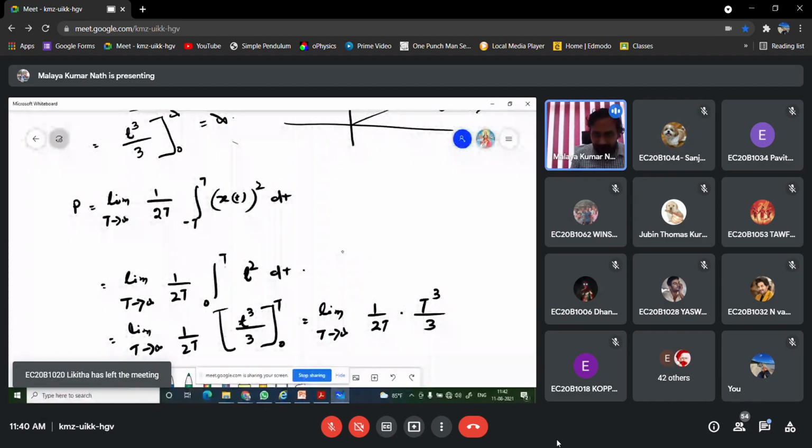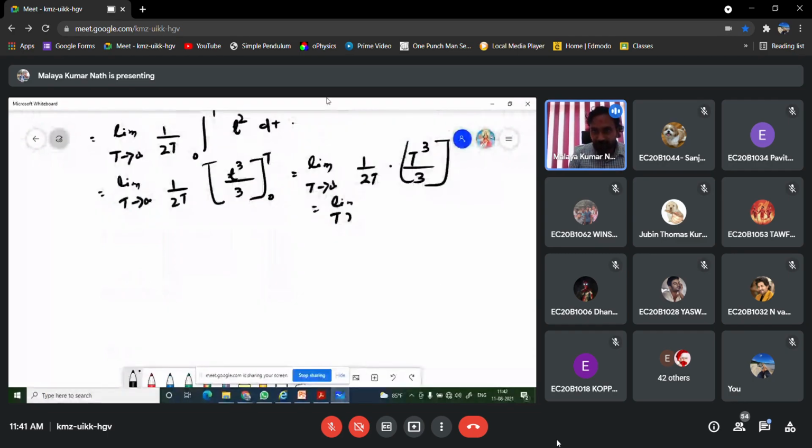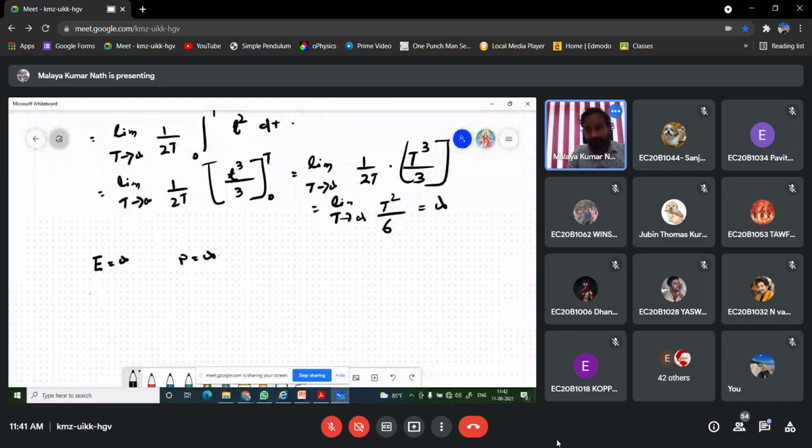So T will cancel, and this will become limit T tends to infinite of T square by 6. So this is again equal to infinite. So that means in this case, your energy is infinite and power is also infinite. So this signal is neither energy nor power signal. I hope it is clear to you. Yes, sir? Or anybody has any doubt?